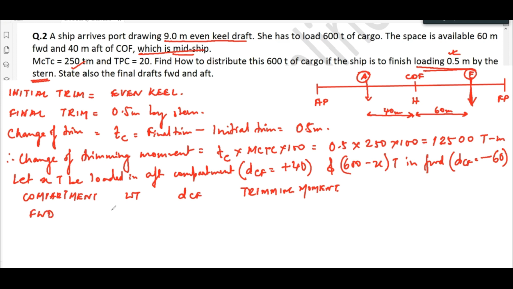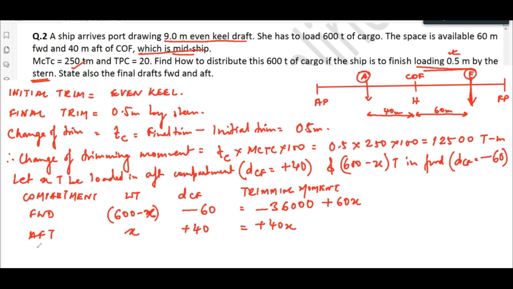Forward compartment. Plus 100x. So we can equate these two.